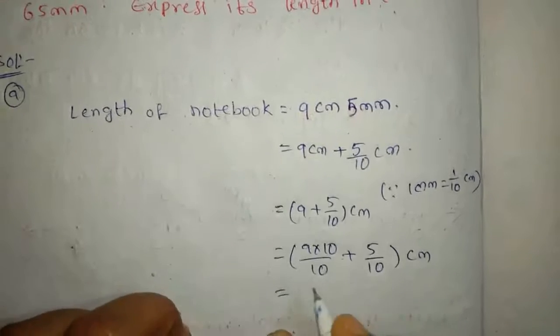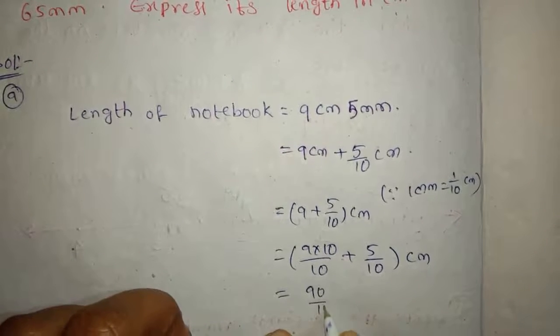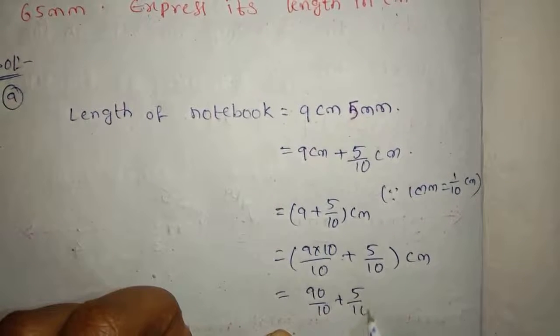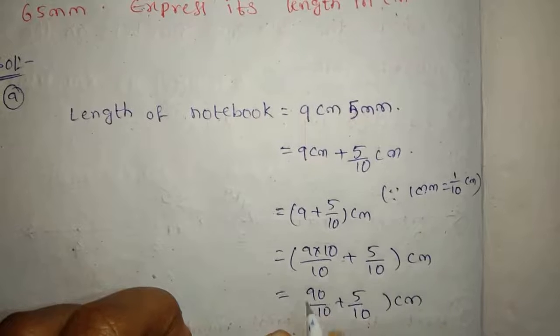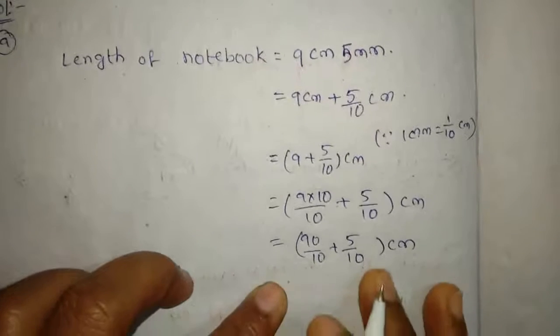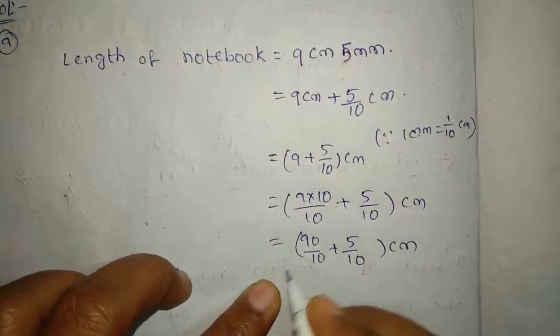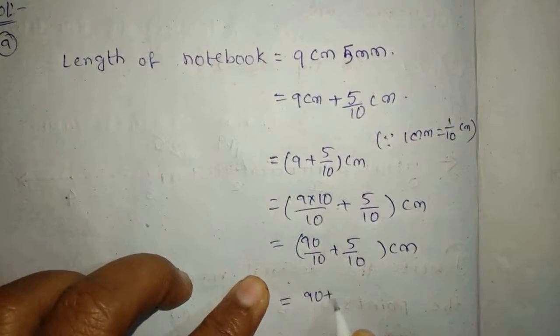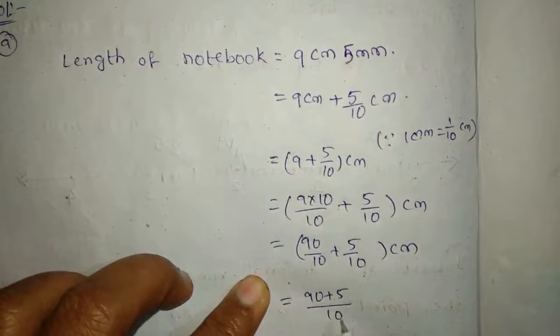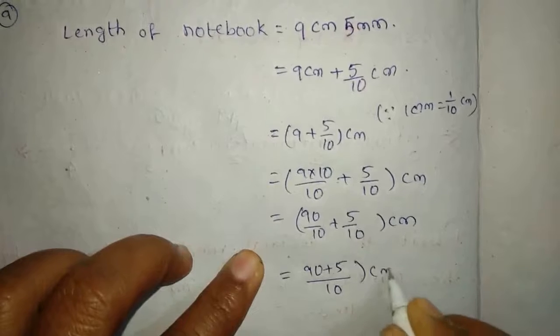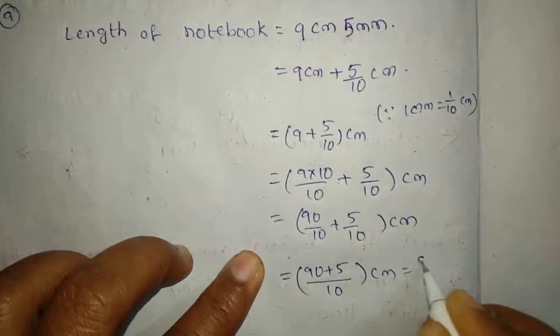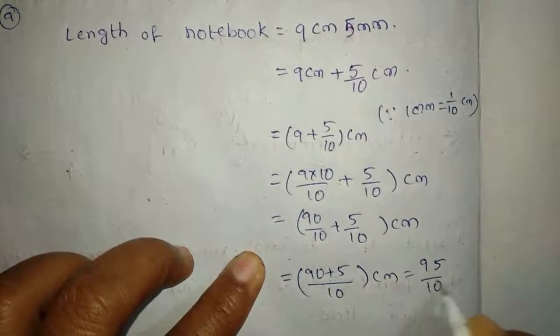Now 9 tens are 90 by 10 plus 5 by 10 cm. Here the denominators are equal, so we simply add the numerators, that is 90 plus 5, keeping the same denominator 10. 90 plus 5 is equal to 95 by 10 cm.